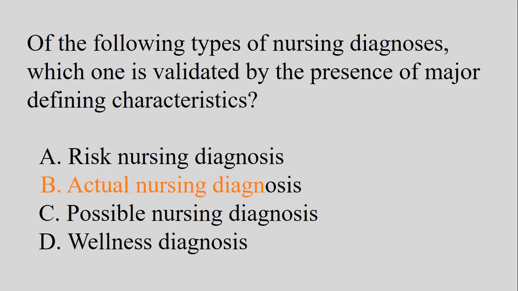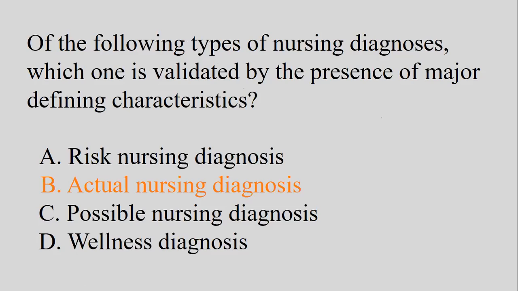Good job. Okay, so when you're looking at your nursing diagnoses and also when you're looking at problems, sometimes it throws you off. You see a person that has an issue, but when you look at the issue, they don't have an actual problem, they have a potential problem.